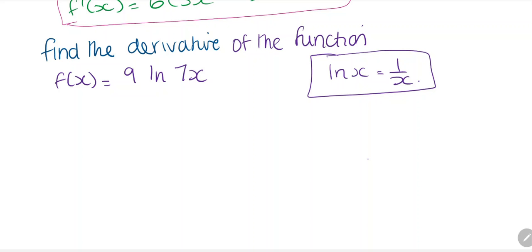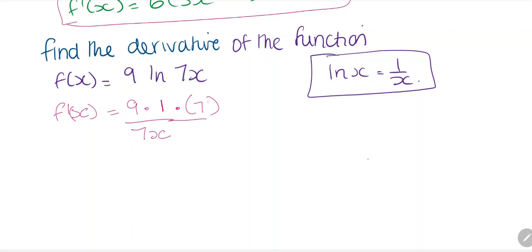If we take the derivative, we write 9 multiplied by 1, divided by 7x, and then we're multiplying by the derivative of 7x, which is 7.